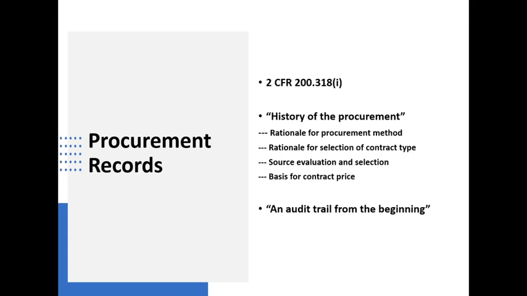The basis for source evaluation and selection, and this gets back to my point about black box purchasing, making sure that you have sufficient information that shows who you got offers from and how you culled away those offers down to the selection of a successful contractor. And finally, what's the basis for the contract price? Now, that's not hard to do when you're soliciting on a fixed price basis.